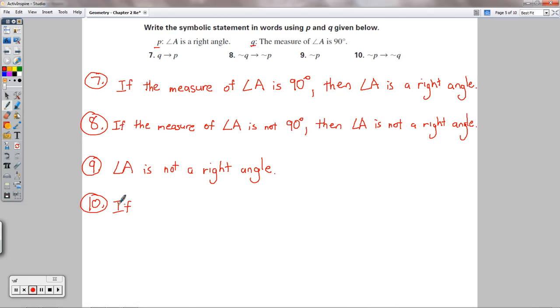I'm not testing the validity of the statement. I'm just writing the statements out. So I've got if angle A is not a right angle, then the measure of angle A is not 90 degrees.